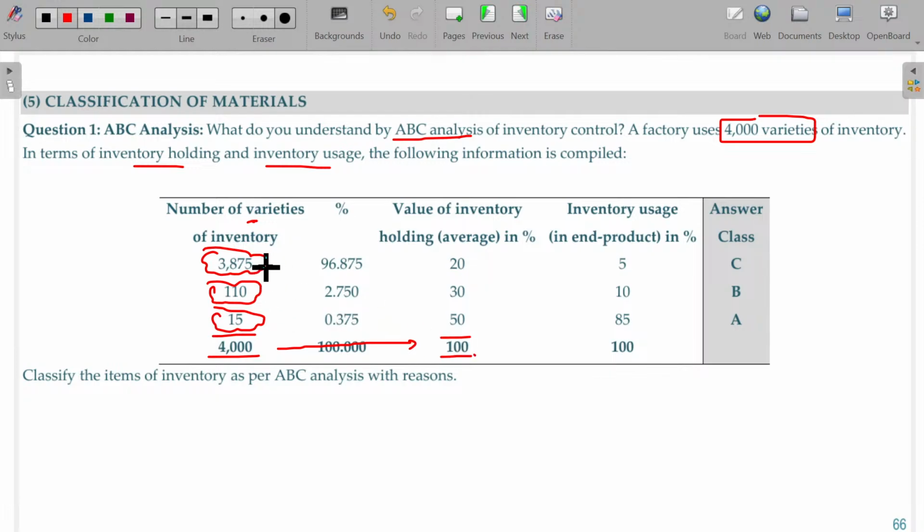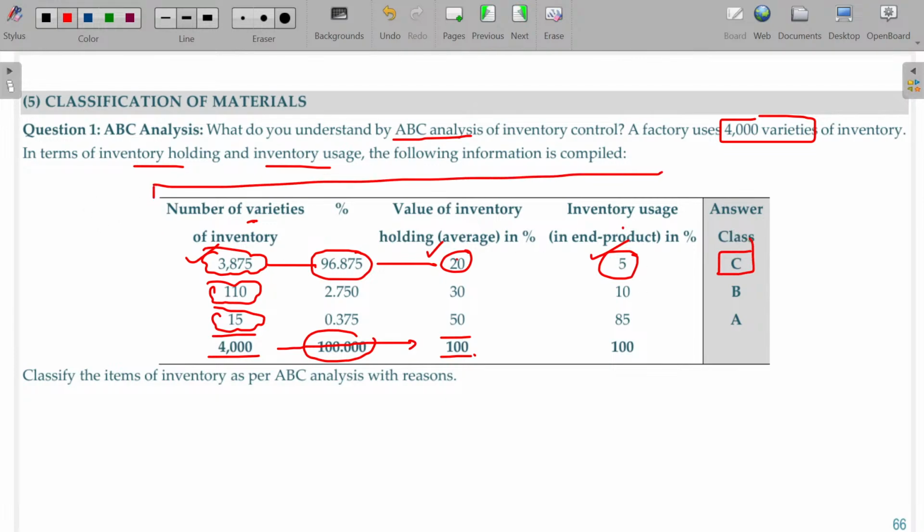In that, these 3,875 units, almost 97% of your entire commodity, cost only 20 rupees. Usage is also very meager. Quantity is higher, value is very lower, and usage is also the least. Then it will be named as C.